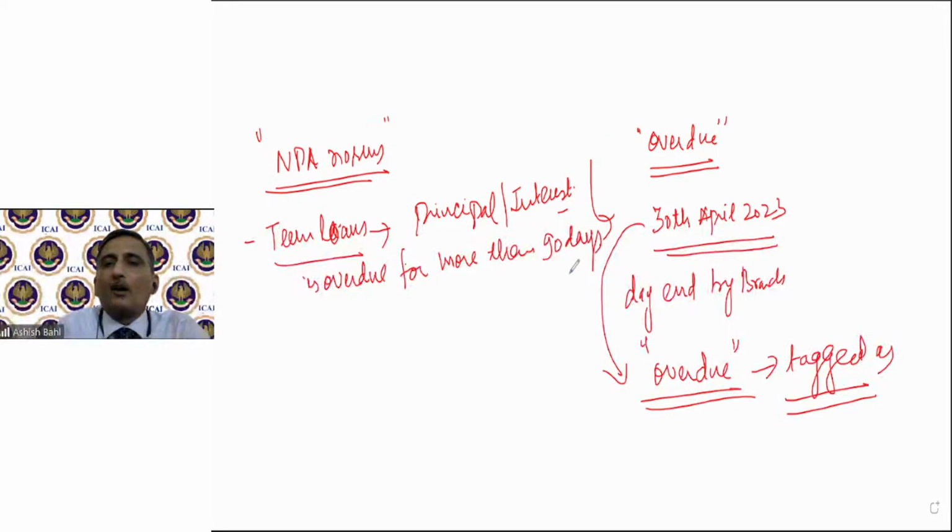So 90-day norms, you know. And similarly, in case of bill purchased and discounted, if the bill purchased remains overdue for more than 90 days, it becomes NPA.